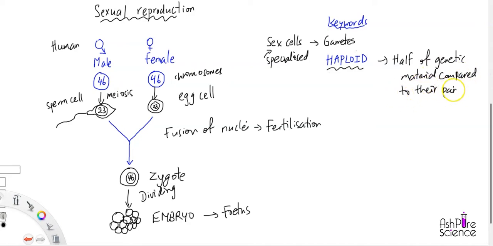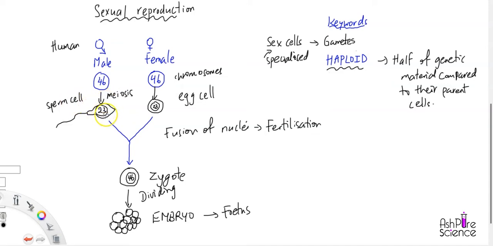So in case of humans, what's the number of chromosomes in a normal human body cell? It's 46, right? So in both the male, the father, and the female, the mother, their body cells have 46 chromosomes. However, the gametes that are formed will have only half of the number of chromosomes.